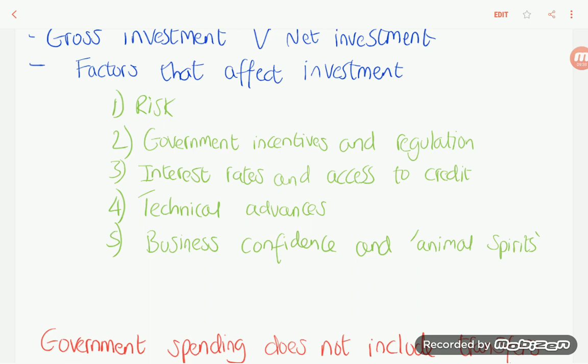Keynes recognised that not all investment decisions are based purely on reason and rational thinking, and that human emotion, intuition, and gut instinct are also important factors. He called these factors animal spirits.